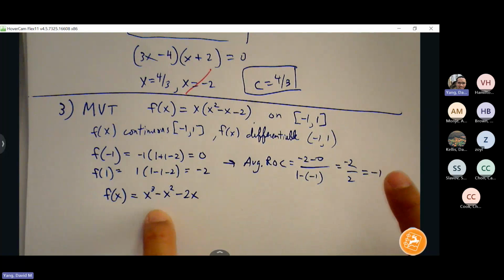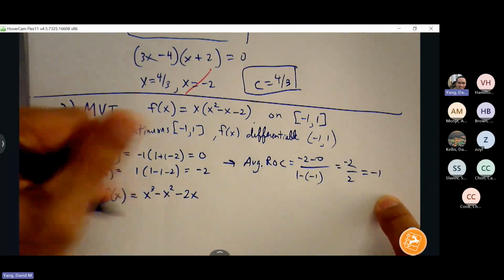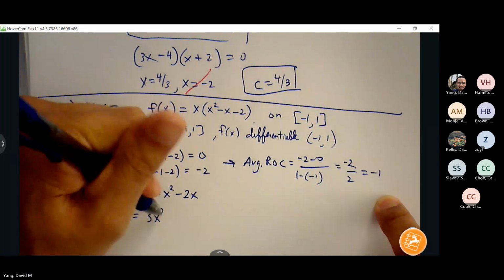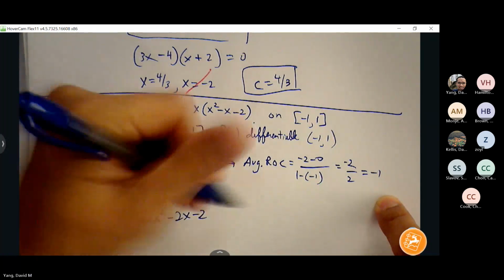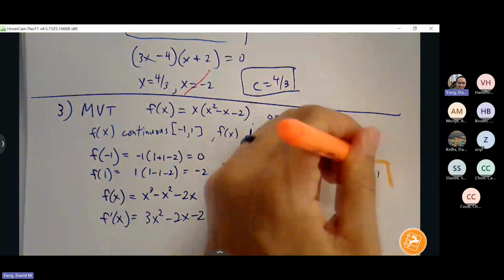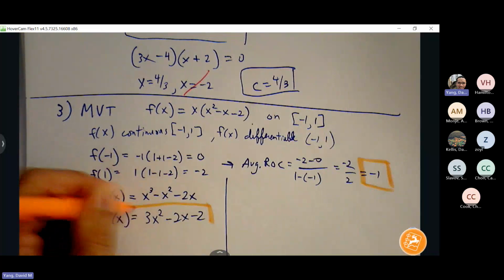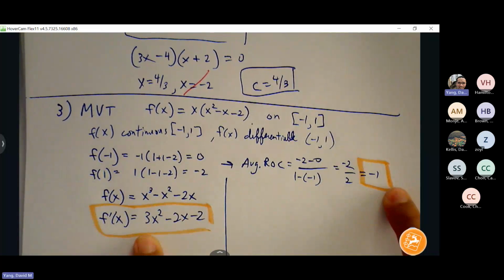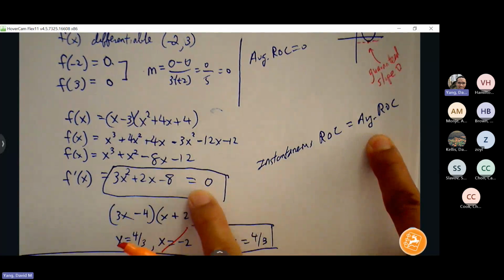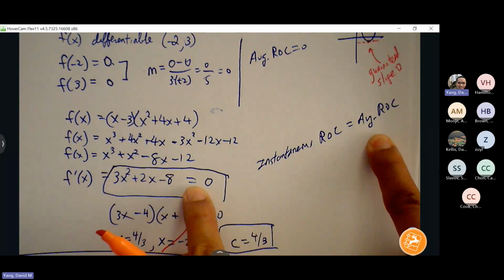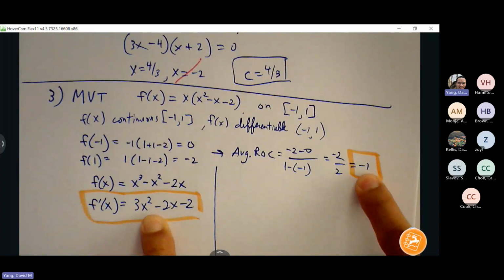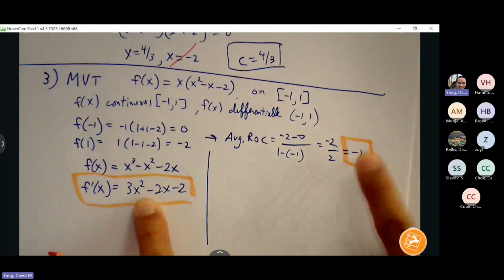Instantaneous rate, so we have to find f prime first. So here's my average rate of change. Here's my instantaneous rate of change. Set these equal to each other. Just like Rolle's theorem, except that with Rolle's theorem, you're always setting the derivative equal to 0. With mean value theorem, you're setting your derivative equal to the average rate of change, which may or may not be 0. Most likely it's not going to be 0, but it could be.